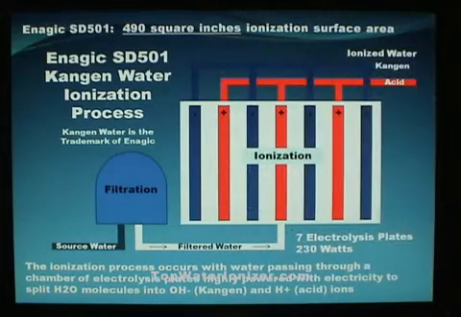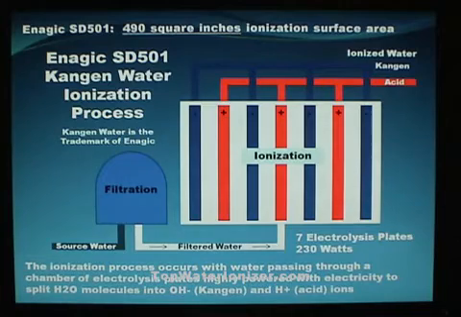This diagram illustrates the basic ionization process within the SD501 Kangen water ionizer. The water is first filtered and then presented to the ionization plates. The Enagic SD501 has an incredible 7 electrolysis plates with 490 square inches of surface area, and it is powered by 230 watts of electricity.